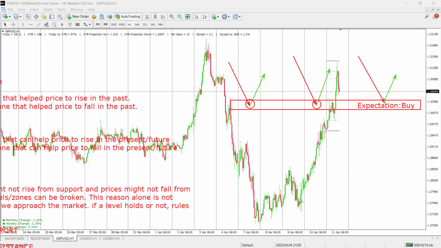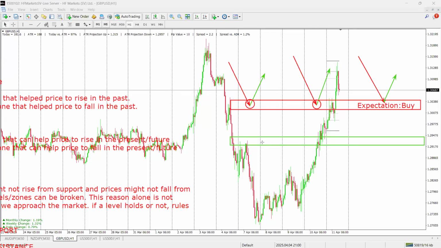The same goes for a level of resistance. For example, maybe there's a resistance here. So we can see price rise to the level of resistance. Sorry, let me change the color. We can see price rise, right?